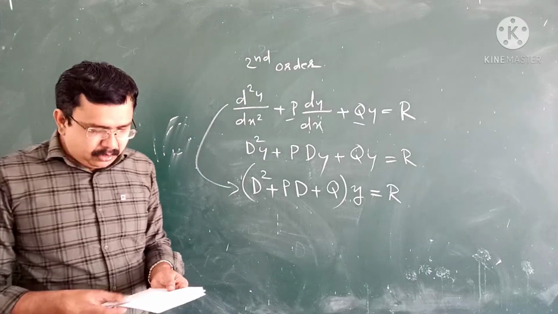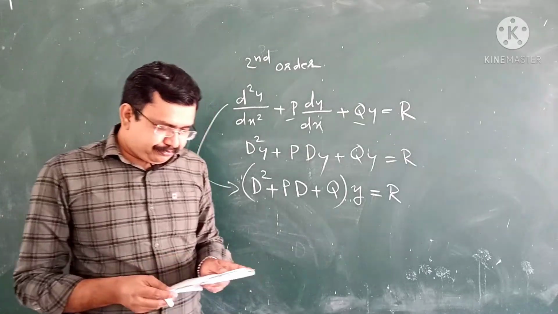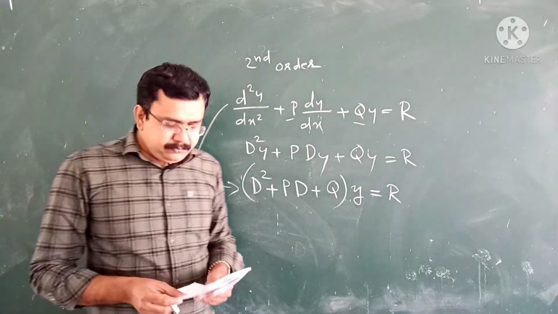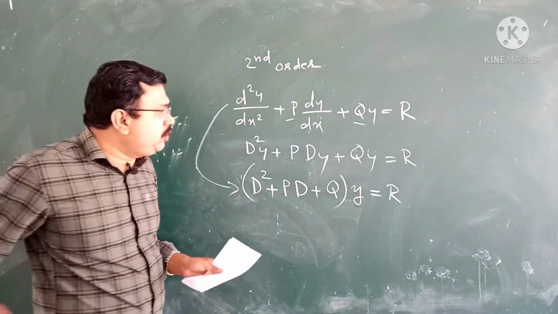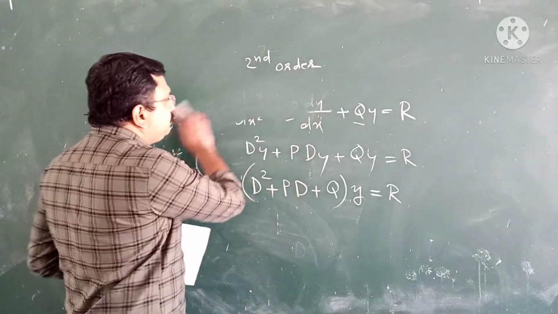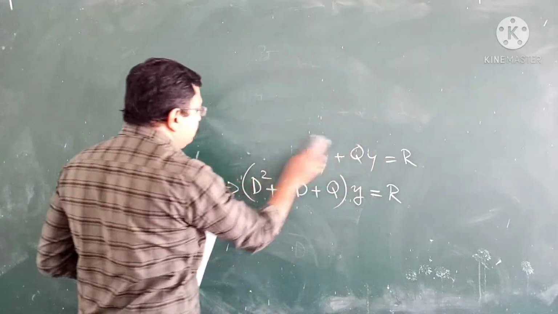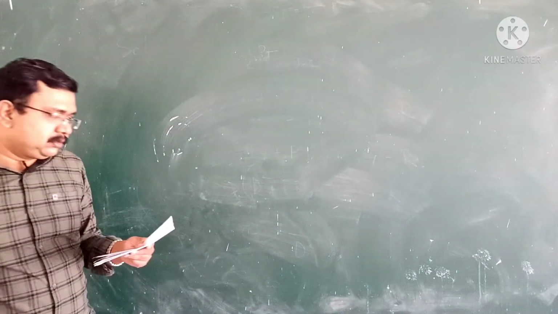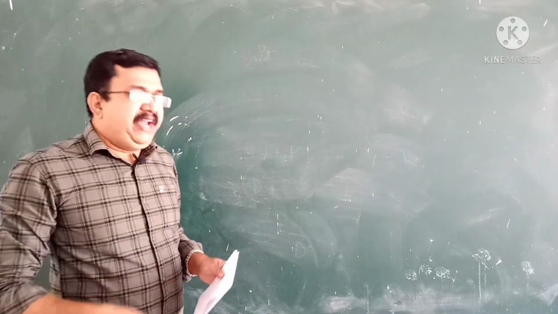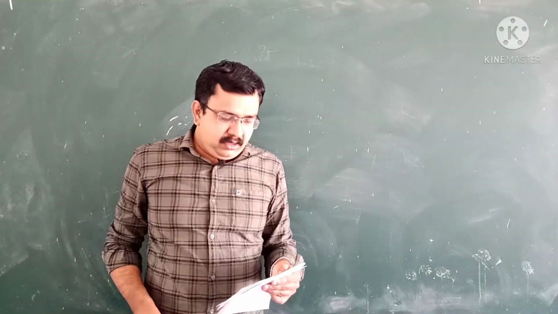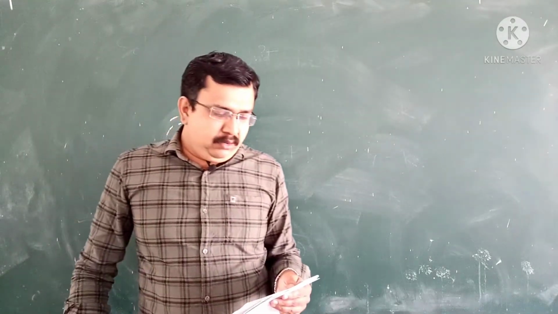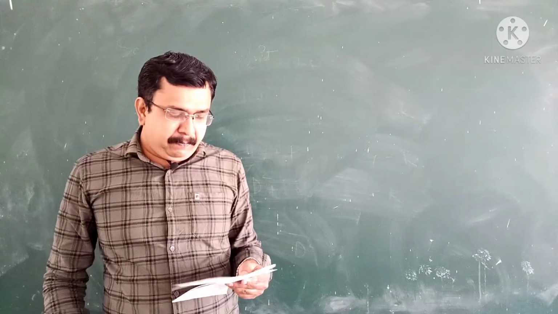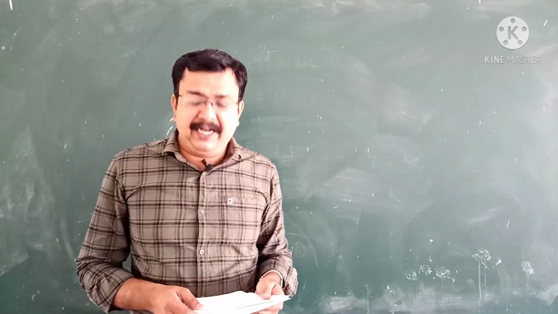Now we can move to our next section. To find the complete solution, first we find the complementary function plus the particular integral.